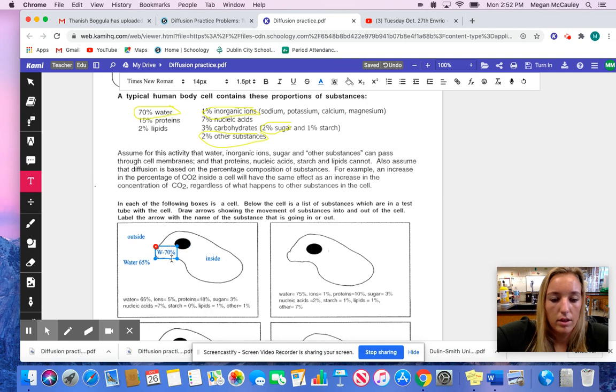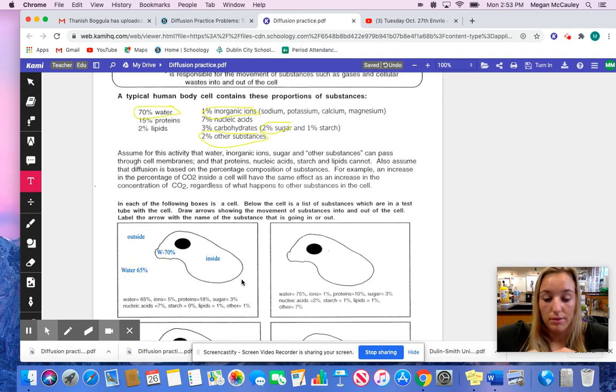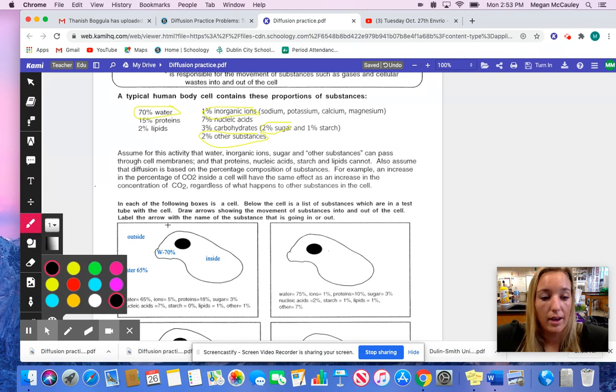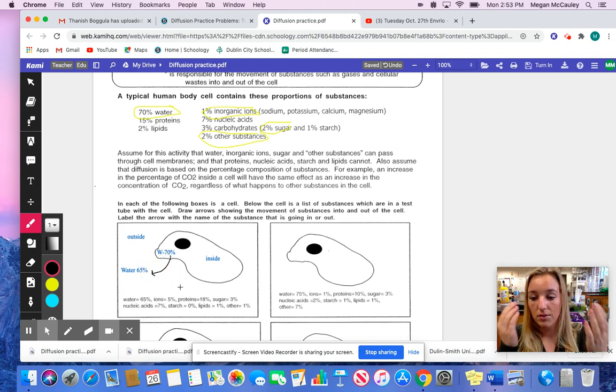Okay? So if water is 65% outside and 70% inside, which way will the water shift? Inside or outside of the cell? Well, remember, it wants to reach an equilibrium. So for it to do that, there's more water on the inside of the cell that's going to shift outside of the cell so that those 70 and 65% can even themselves out.